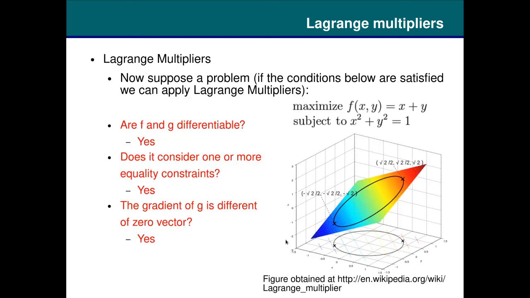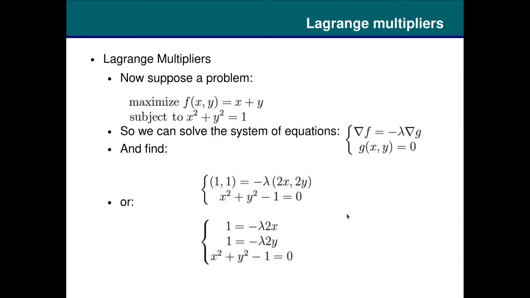And the constraint is plotted in terms of x and y, as you see here, and Lagrange multipliers will result in the same as a projection we are showing here. This is just an illustration, of course.